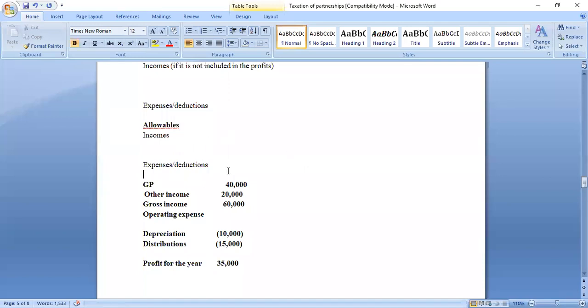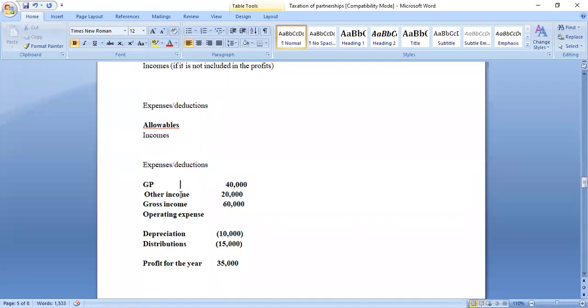Okay, guys, please kindly mute whenever you're joining. So I was saying for incomes and expenses, when do they become allowable? For income, we said we less them if they were part of the profit or loss, and yet they're not supposed to be there. What we call exempt incomes.